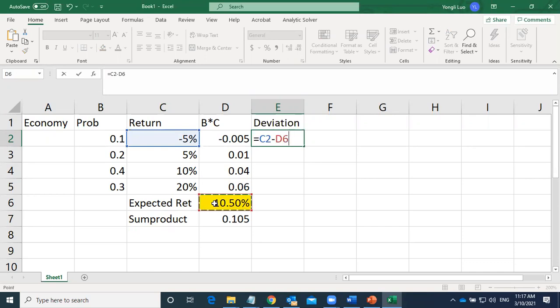The return column keeps changing, but the expected return is always 10.5. So I need you to put the $ sign to fix this expected return. When you do $ for the cell you selected, that number is fixed and is not going to change. When you apply the same formula, it will always be 10.5. That's the deviation.